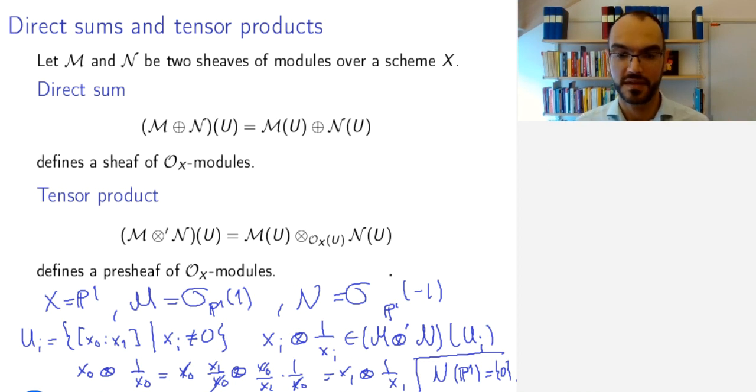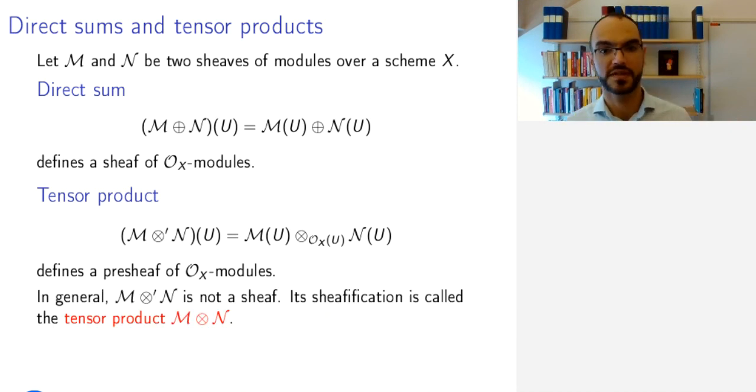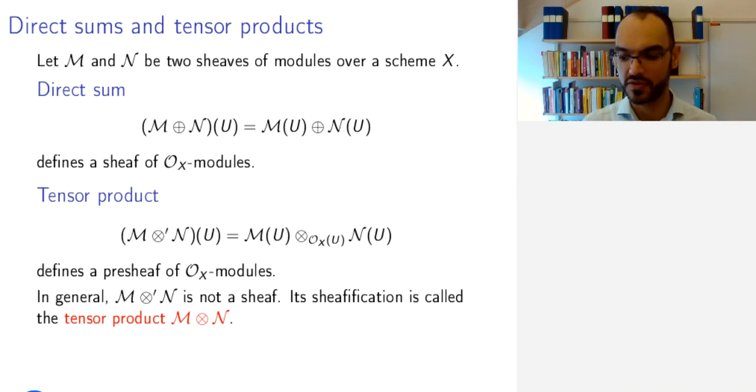If there were such a thing, it would be of the form g divided by f, where f has lower degree than g, but there is no such thing defined globally on P1, so this cannot happen. So in general, this is not a sheaf. We sheafify to get the tensor product. And these two constructions conclude the constructions that we want to make on sheaves of modules, some with sheafification and some that turn out fine without sheafifying at all.